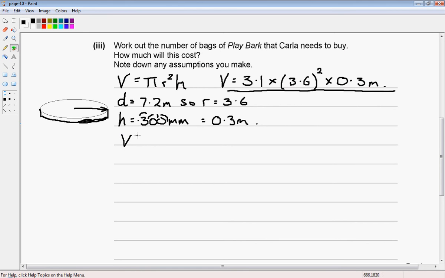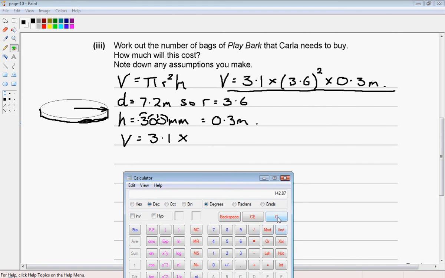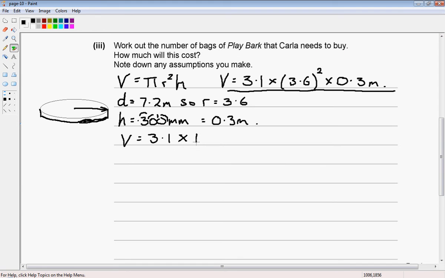Okay, so our volume will equal, now I would suggest you do this step by step. So 3.1 multiplied by, now we've got 3.6 squared. Okay, so if we go to our calculator, and your calculator might have a squared button, but 3.6 squared is just 3.6 multiplied by itself. So 3.6 times 3.6 gives us 12.96.